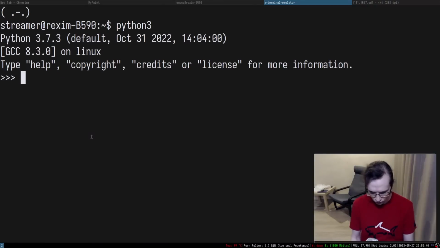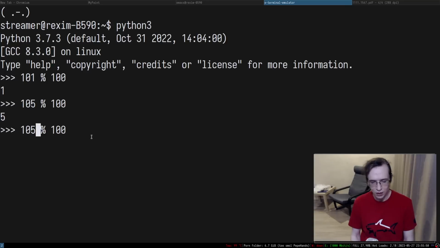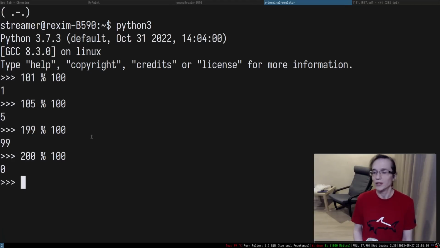If the width is 100 and your x is 101, you can just do mod and it wraps around. As you go further it keeps wrapping, and if you go to 200, it wraps around to 0 again.